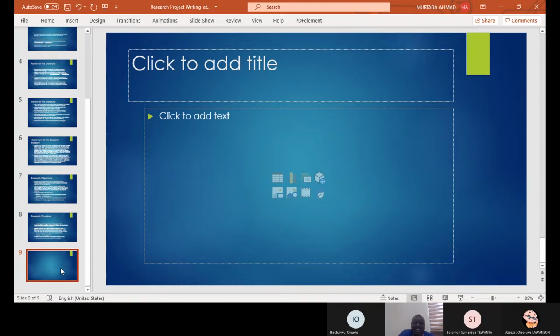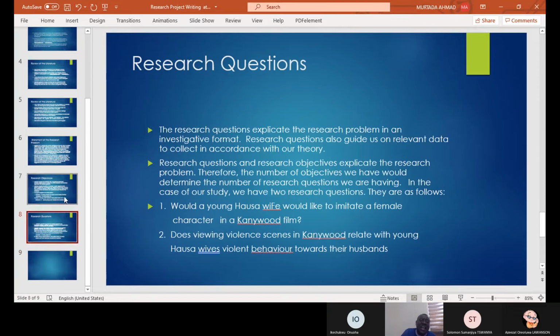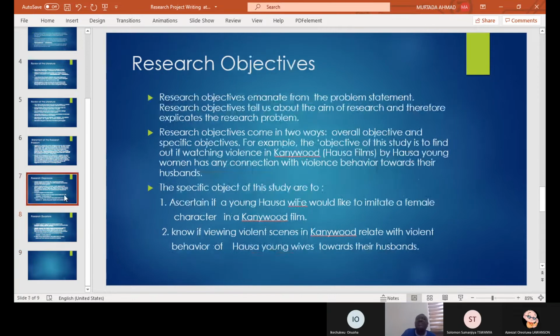I repeat that the research problem is the reason why we are conducting our research. Because when you mention research problem, it means why are we doing the research?